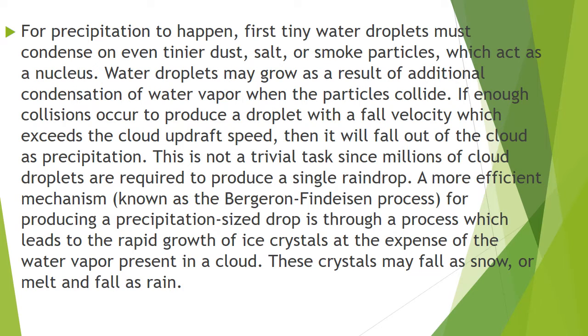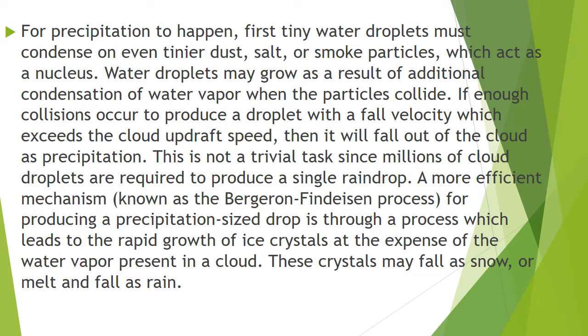Water droplets may grow as a result of additional condensation of water vapor when the particles collide. If enough collisions occur to produce a droplet with a fall velocity which exceeds the cloud updraft speed, then it will fall out of the cloud as precipitation.